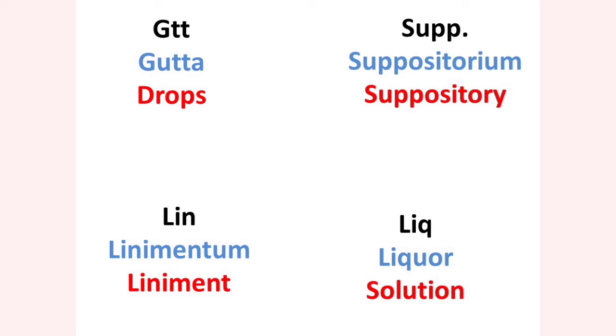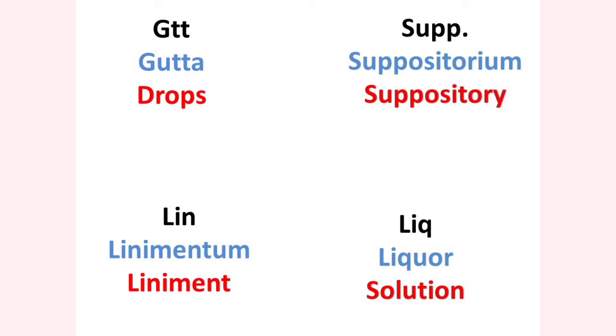If SUPP is written, it means suppository in English, and in Latin it is known as suppositorium. SUPP represents suppository. And another is LIN, which in Latin is linimentum, and in English it is liniment. It is a topical dosage form we have to apply on the skin.